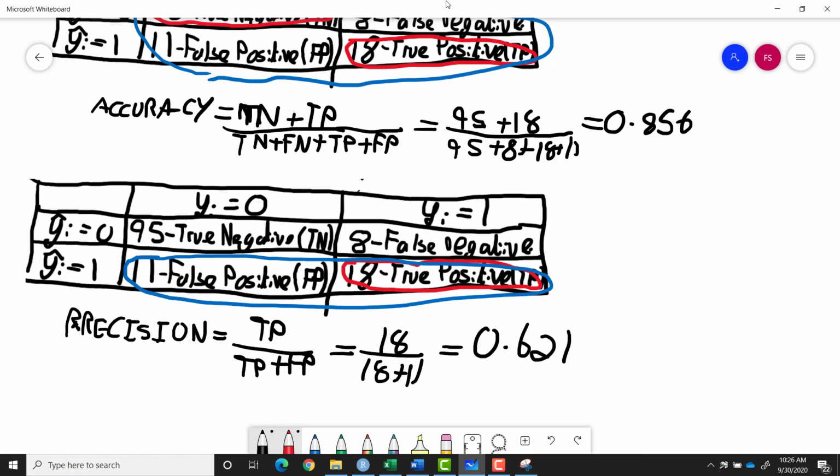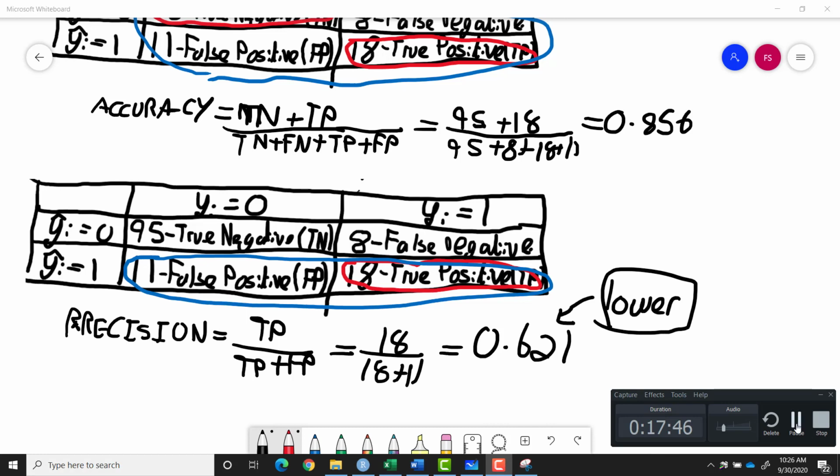And in fact, I think I was asked in class about rare things like bankruptcy. This precision is a good value because it tends to be a lot lower than the accuracy. If I have a really rare event and it's hard to predict, I'm liable to get quite a lot of false positives relative to the total number of true positives. So that is the precision.